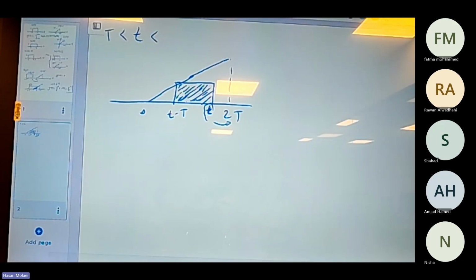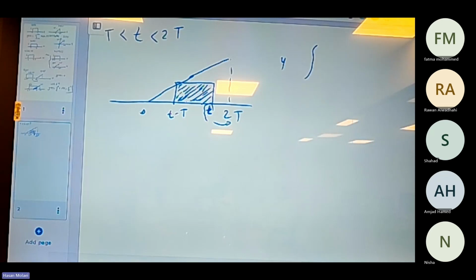I need to shift it. So from capital T to capital T, this square is inside the triangle. So what should I write?